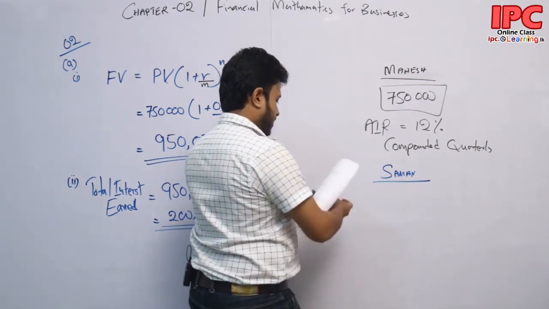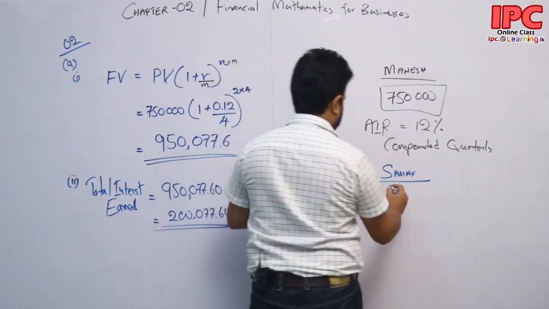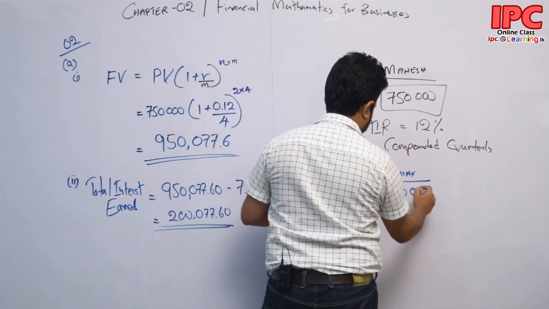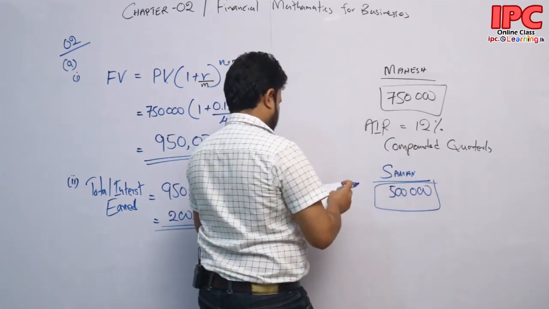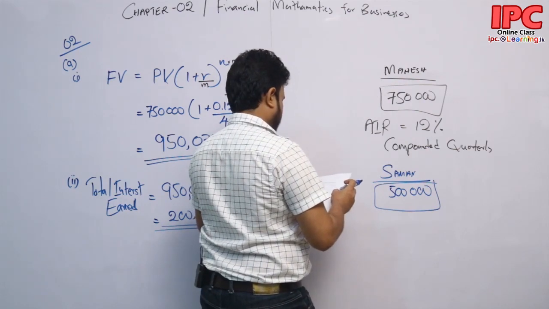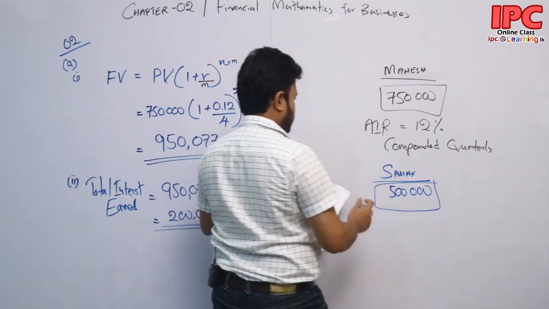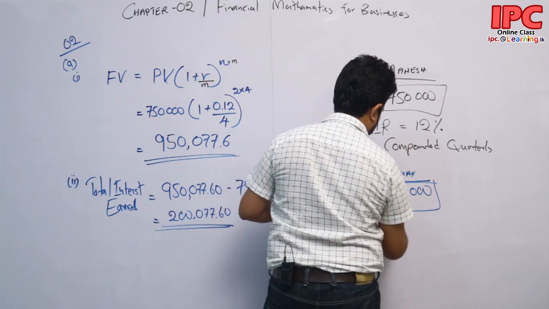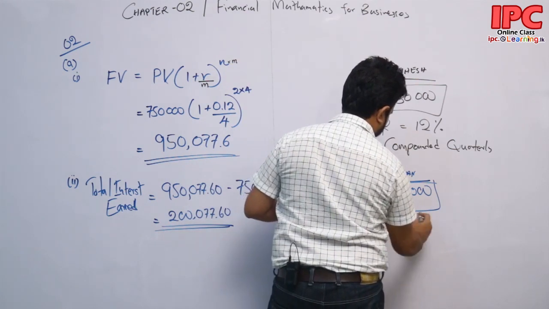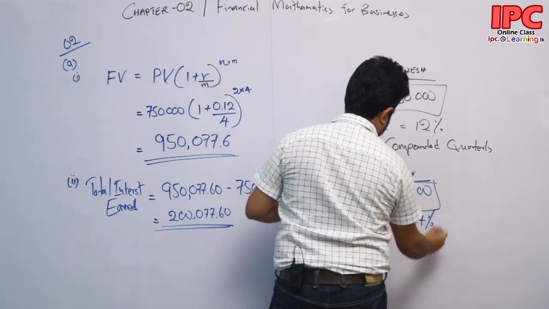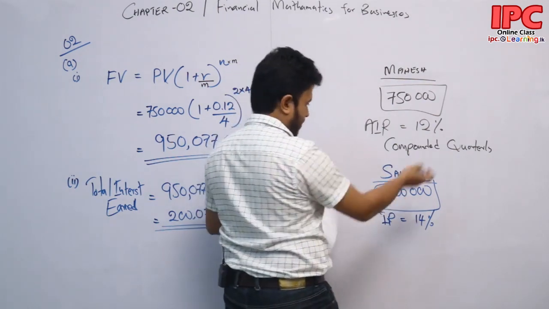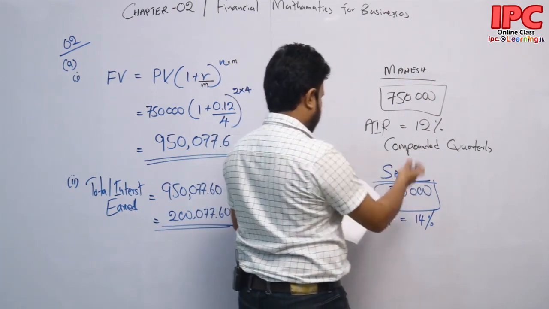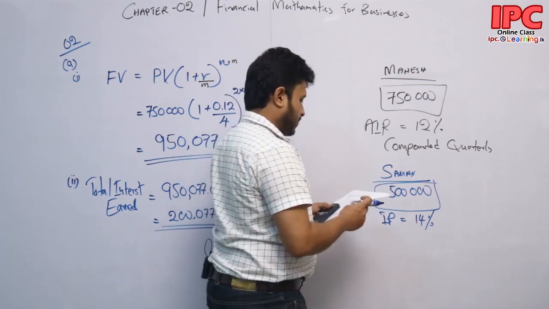Saman is borrowing 500,000 at an interest rate of 14%, compounded annually, so no need to write that again.